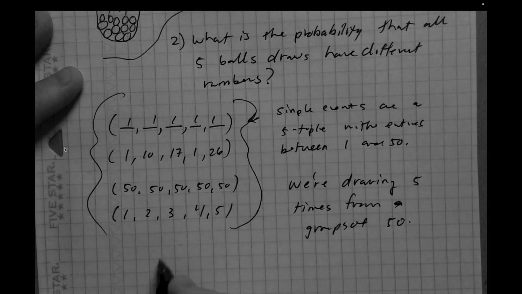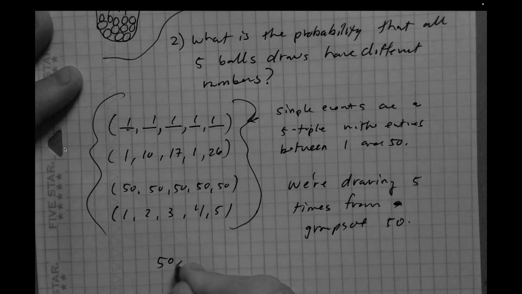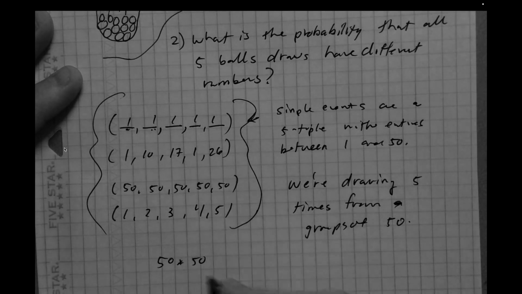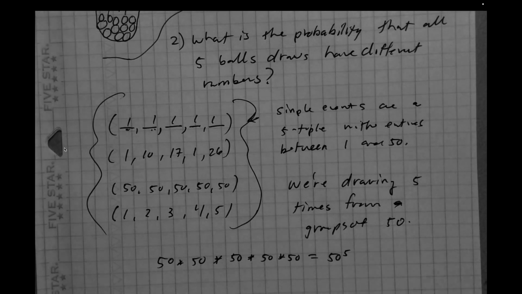So really, it's just 50. I got 50 options for the first one. Times 50, I got 50 options for the second one. So this is like my M, my N, and then another one, another one, another one. So it's really 50 times 50 times 50 times 50 times 50. Otherwise known as 50 to the 5th power.